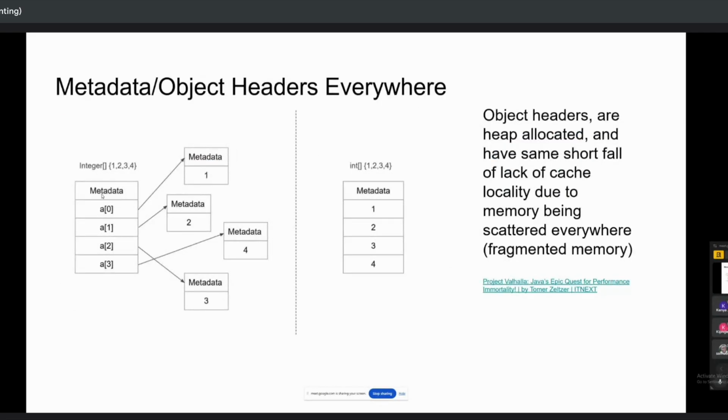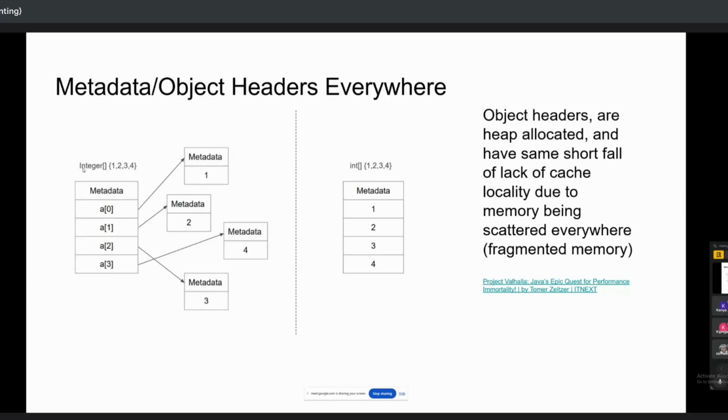So if you allocate an array, the variable 1, integer is actually as memory. Integer is a class, but if you look at native primitives in Java, there's metadata and then memory is arranged properly.